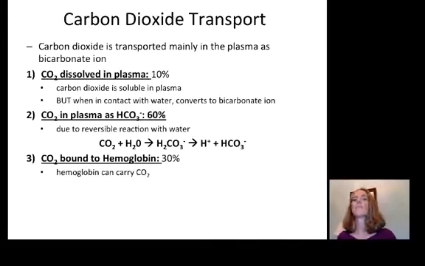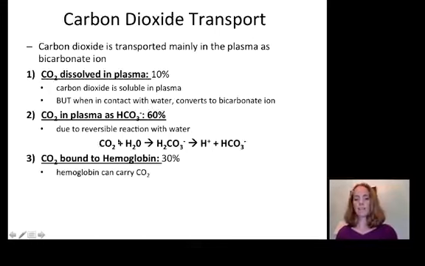Okay, that was oxygen. We're going to do carbon dioxide, and then you guys will be done for the day. Okay, so carbon dioxide transport is totally different. Carbon dioxide actually dissolves well in the plasma. So when we look at the percentages of how carbon dioxide is carried in the blood, we have about 10% that dissolves in the plasma as straight carbon dioxide, and 60% that not only dissolves but actually reacts with the water.